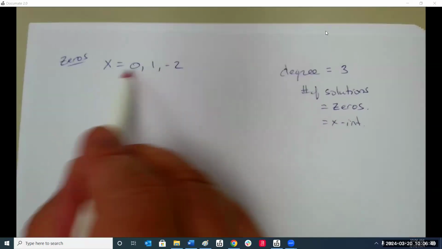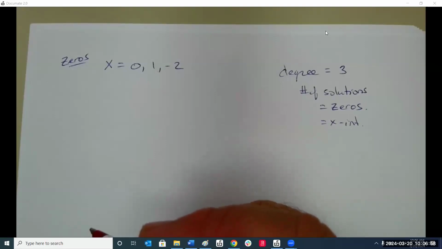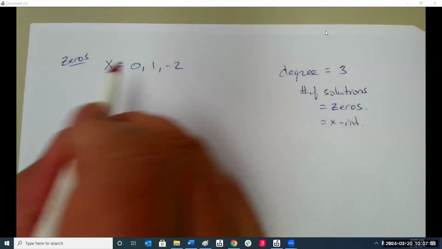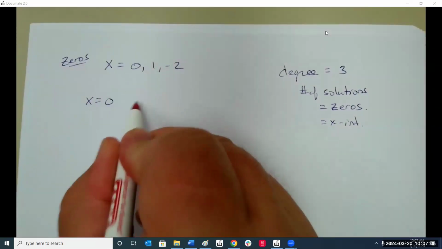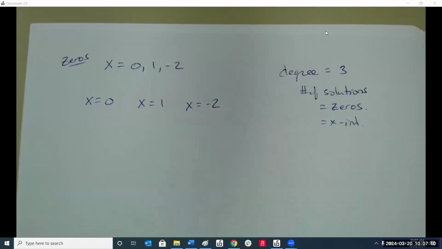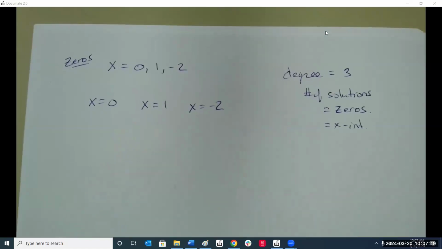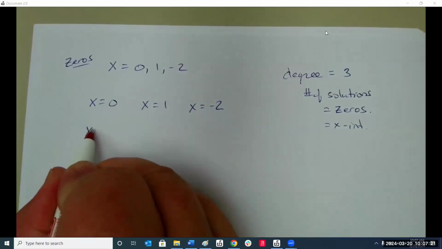So find me the polynomial that has these zeros. What would you do? Well, since these are my zeros, I set them each to these. Let's work backwards. So let's make all of these equal 0 because they're my zeros. So x equals 0.